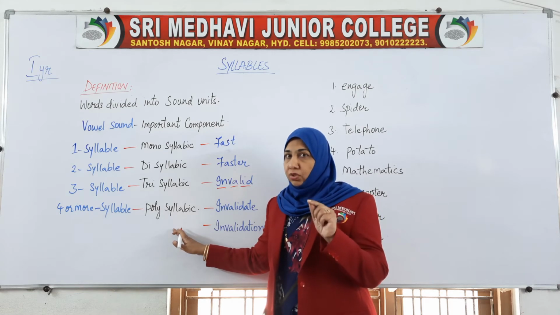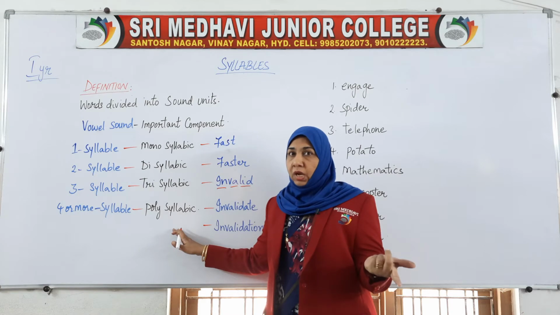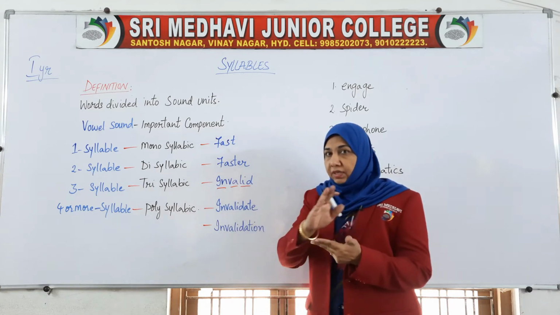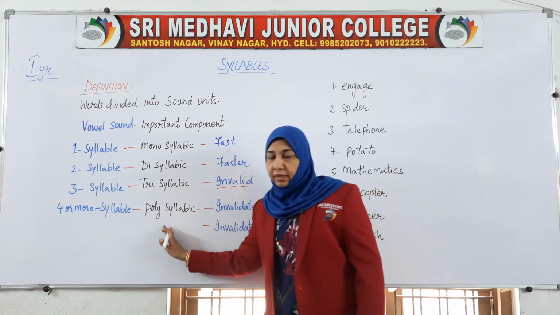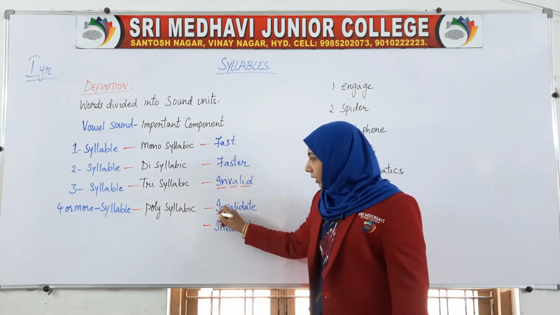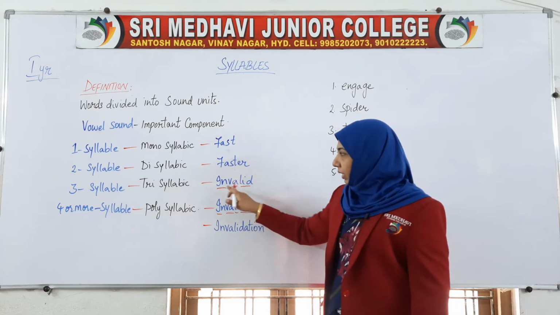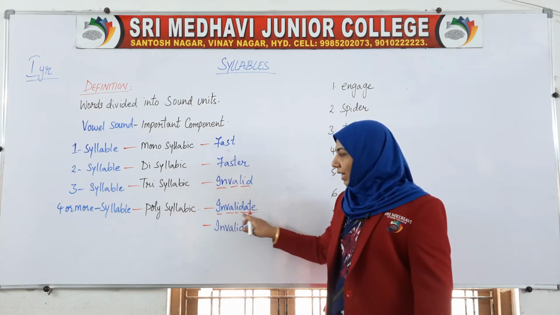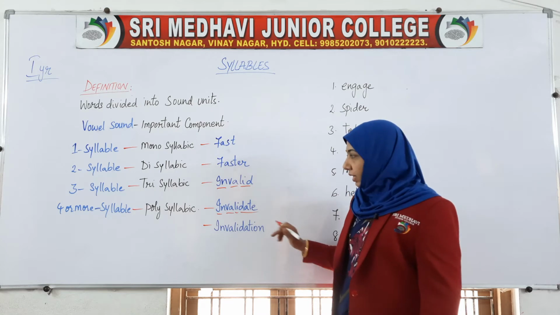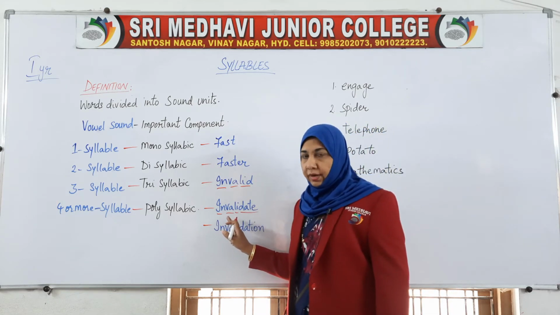Remember, it is not only for four, it can be five also, it can be six also. Any number of syllables after three goes into the category of polysyllabic words. Like here, invalidate. Invalid, invalidate. How many? One, two, three, four. It is a polysyllabic word.